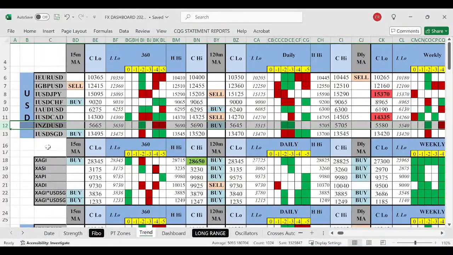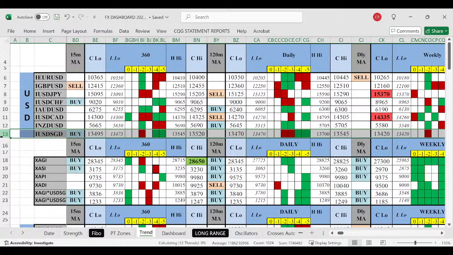The next currency we are looking at is dollar Sing. The trend on the 6 hours is telling us that this is going to be in a range with the downside view. And the range we are looking at is between 134.95 and 135.20, or even an extension 135.45.